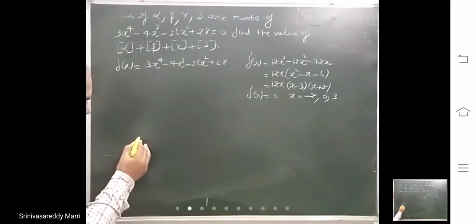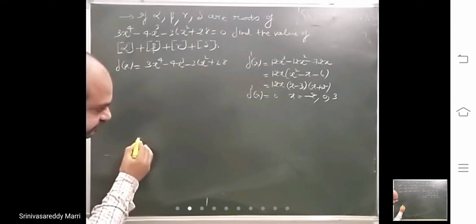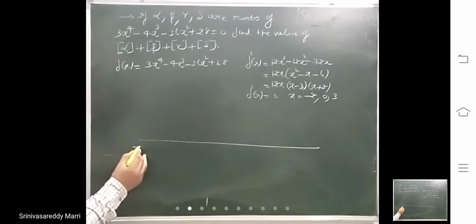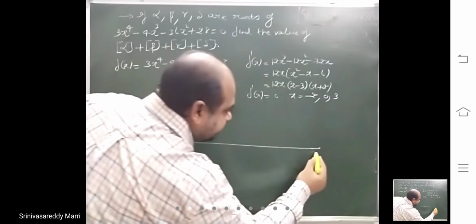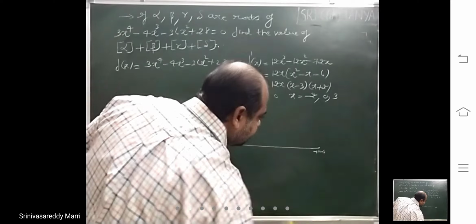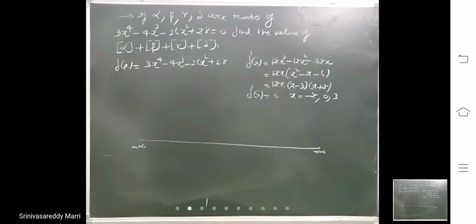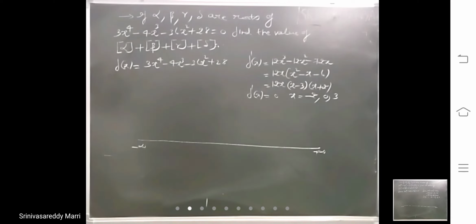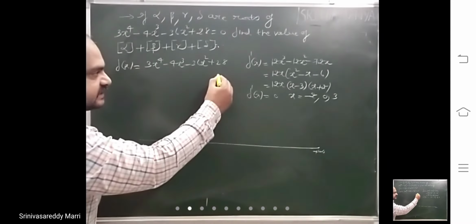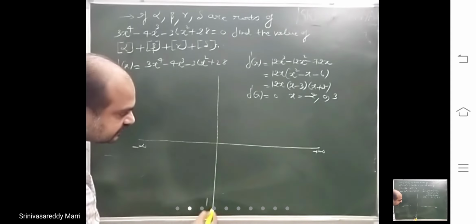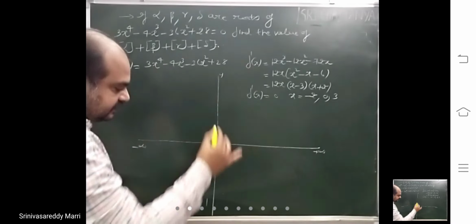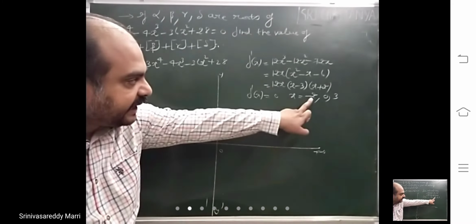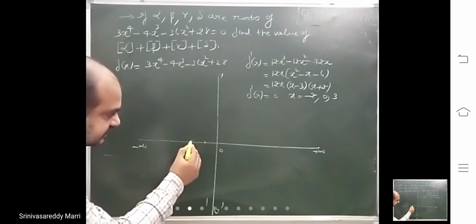Now look at how I am drawing the graph. The x-axis is minus infinity to infinity. Anytime you have to construct the graph like this, minus infinity to infinity. Mark these points, and this is the y-axis. Mark the points.